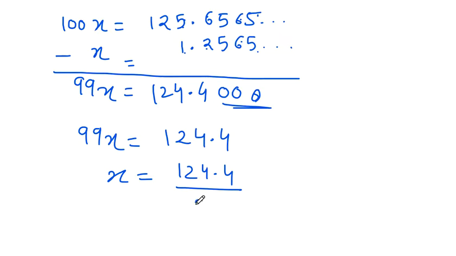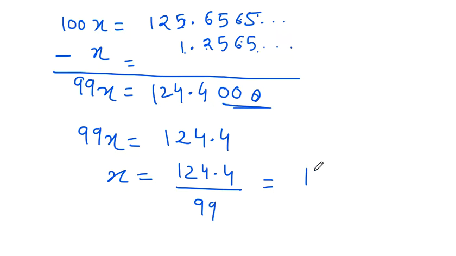124.4 upon 99. Now we have to convert it into a fraction, so there shouldn't be any decimal in between. There is a numerator and a denominator, right? But you have to remove the decimal. As to how you're supposed to remove the decimal, I have covered it in the previous video. You can watch it.